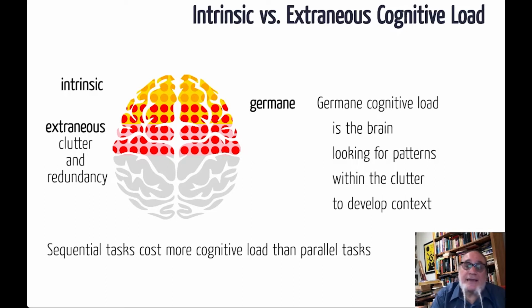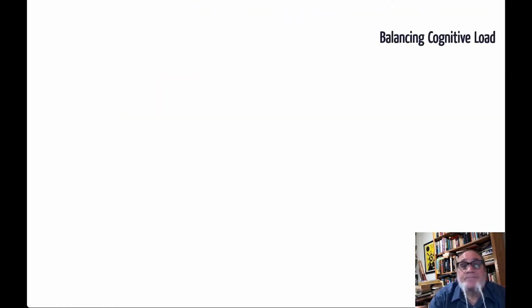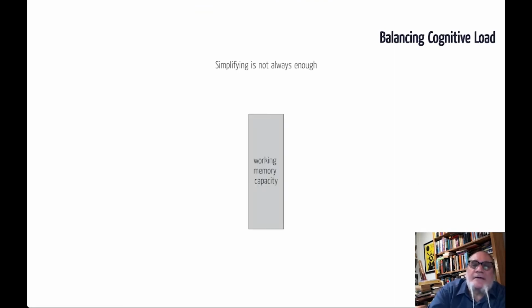Obviously, sequential tasks, such as screen reader users, low vision users, voice users in general, are going to cause more cognitive load than parallel tasks where you're seeing everything at once. And processing text as opposed to graphics introduces additional cognitive load and exertion. So we want to minimize that. And I'm fond of saying that we should simplify data visualizations. When you're making a chart, write a poem, not a novel.